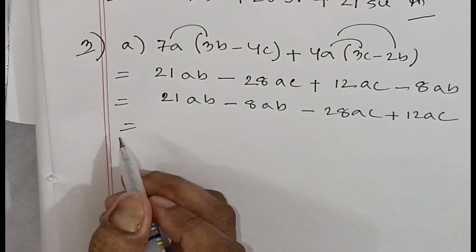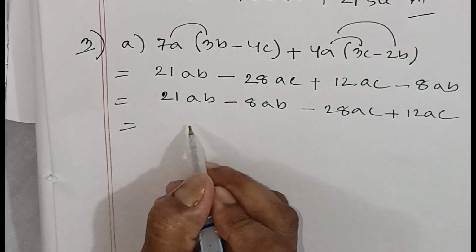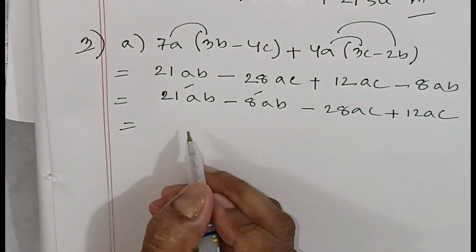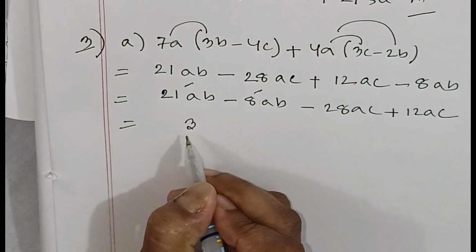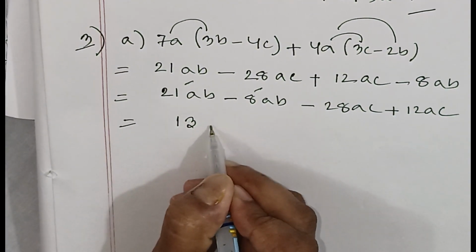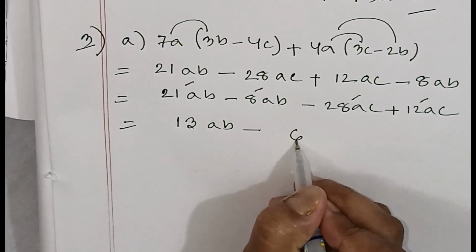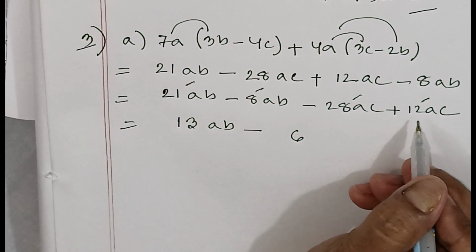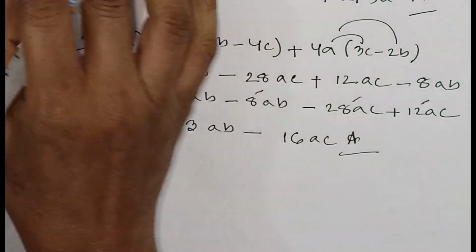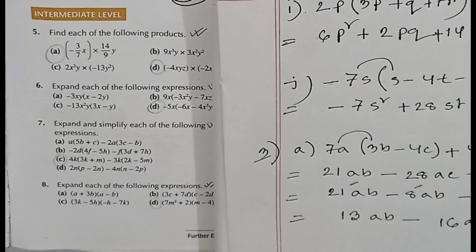Now calculate. 21 minus 8, subtracted: 11 minus 8 is 3, with 1 carrying, so 2 becomes 1, 13ab. Again, minus 28 plus 12, 8 minus 2 is 6, and 2 subtracted from 1, that means 16ac. That's it. Okay, now you try b.